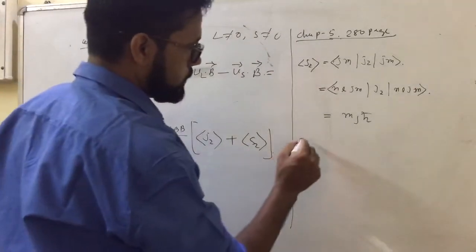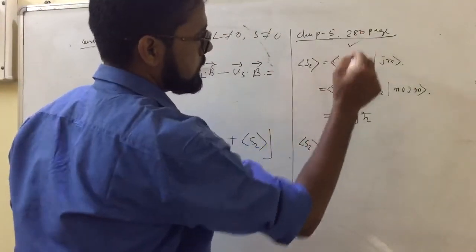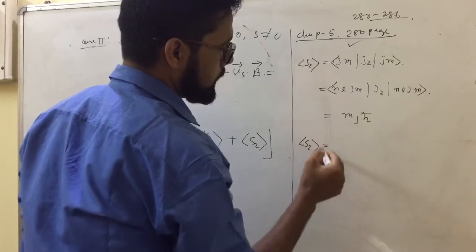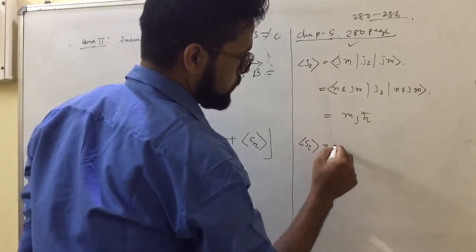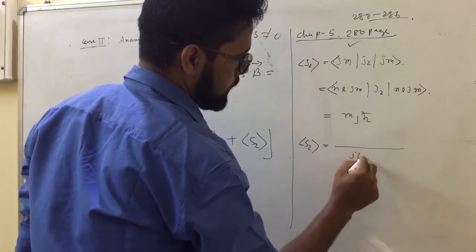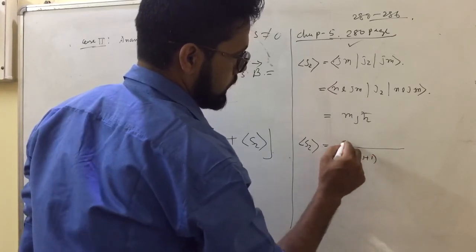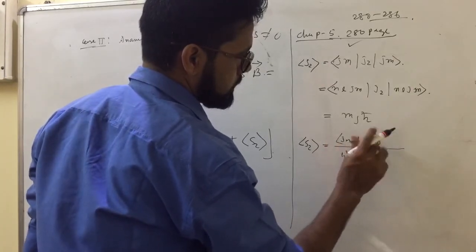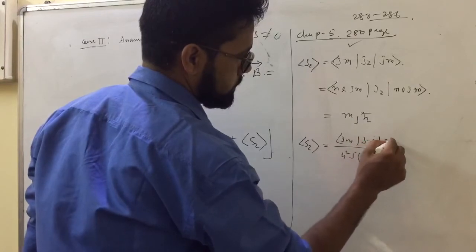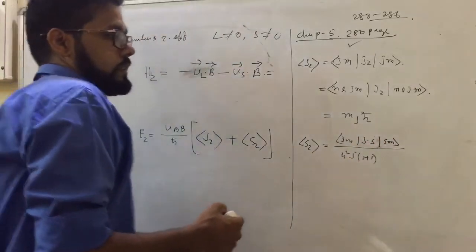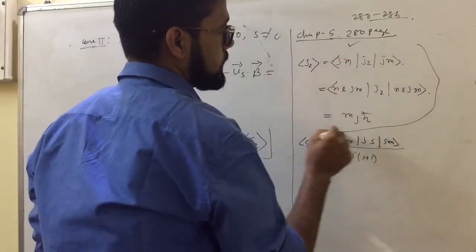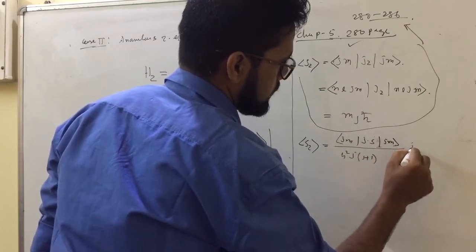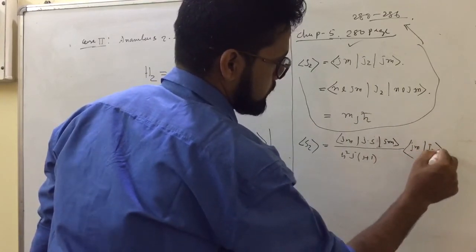Similarly, if we calculate this value, you check pages 280 to 286. We will find this value equal to J into J plus 1 h cross squared, and J m J dot S J m. This part is related to page 286 and equal to J m J z.